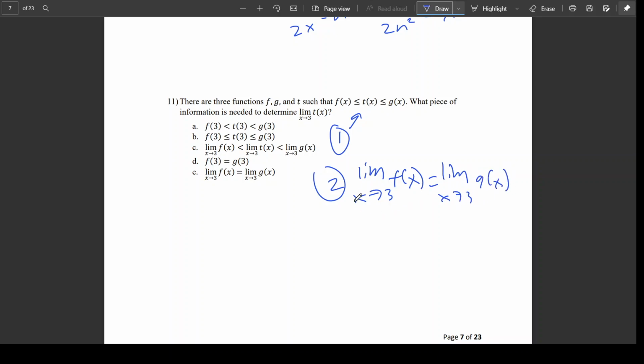And then we can say that if both of those limits are equal to 3, well, this one must be 3 also, because that's right in the middle of those two, right? So we have functions like this, and then functions like this, and then functions like this. So this limit is 3, this limit is 3, so the limit in the middle must also be 3. That's basically what we're doing here. And so the correct answer for that would be E.